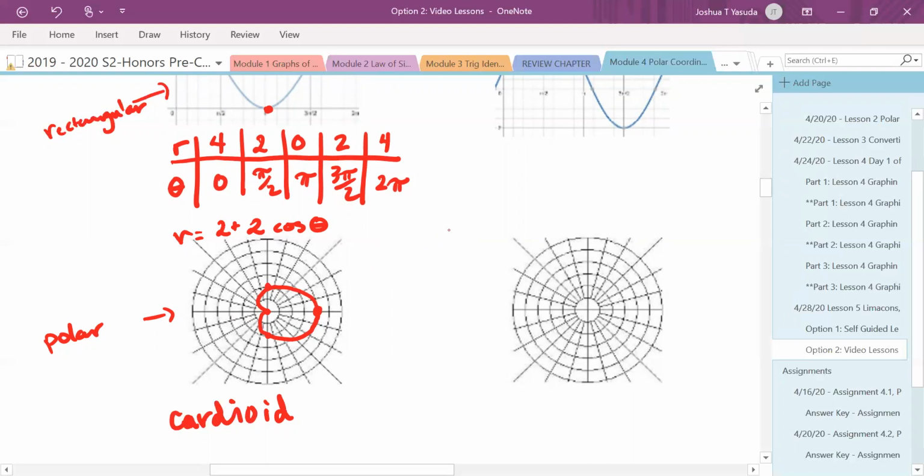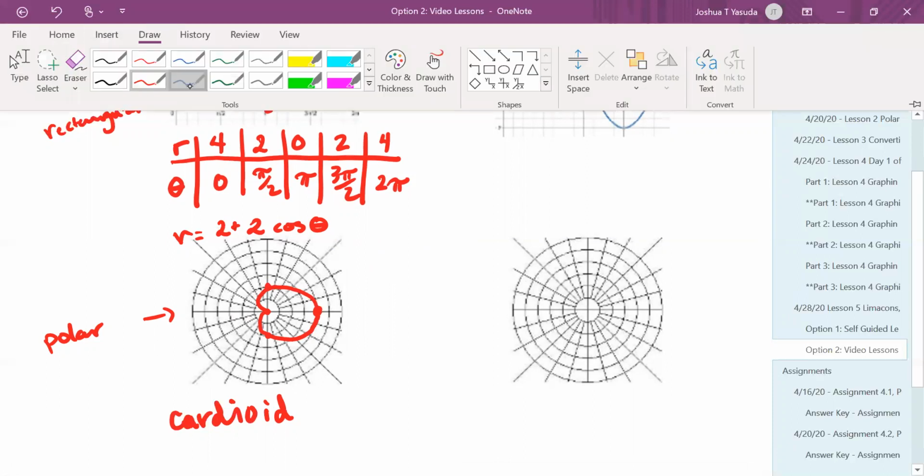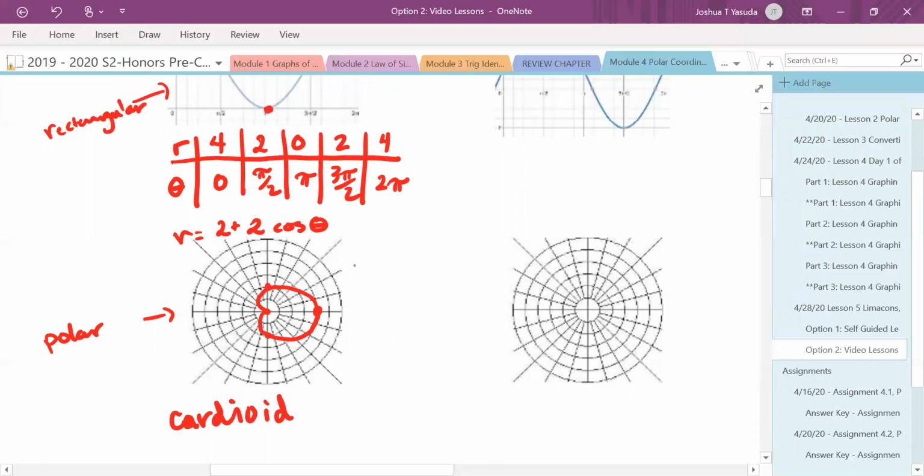So that's how you get the cardioid, when the a and the b values are the same. So if I were to change the numbers, like r equals 3 plus 3 cosine of theta, or 3 plus 3 sine of theta, that'd be fine. I'll do a sine one just so you can see. So r equals 2 plus 2 sine of theta, right?